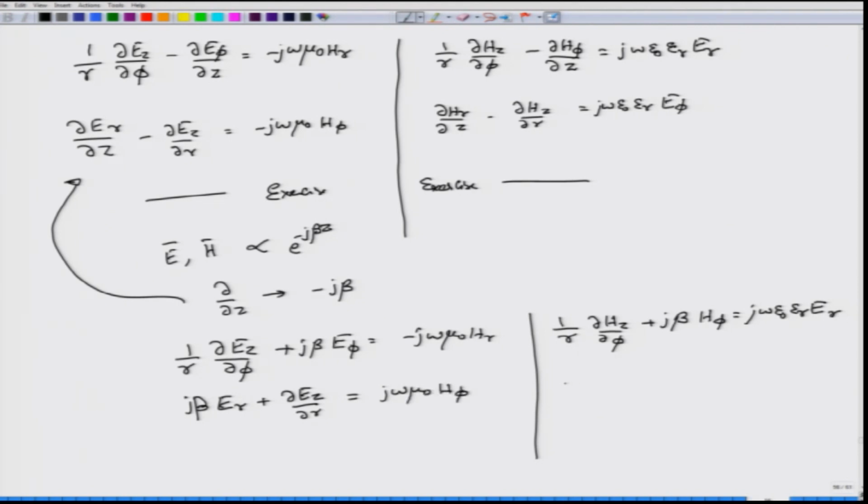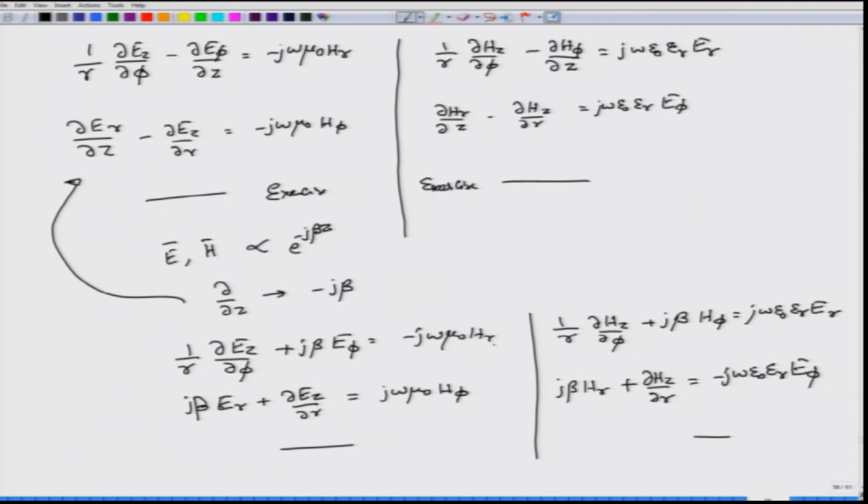On the right hand side, again you will have the same kind of a thing. On the left hand side, you will have a minus sign because del by del z will be minus j beta. I will transpose the minus sign onto the right hand side. So, I will have j beta h r, okay, plus del h z by del r equals minus j omega epsilon 0 epsilon r E phi. Okay. The third equation anyway does not really have any del by del z term. So, to simplify that one is really no point to do that one.